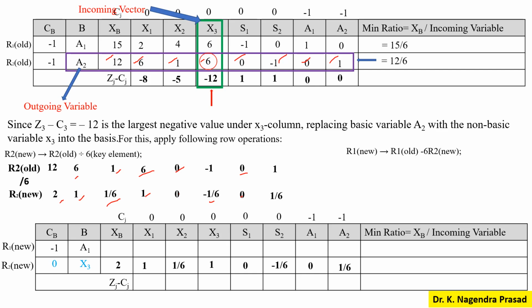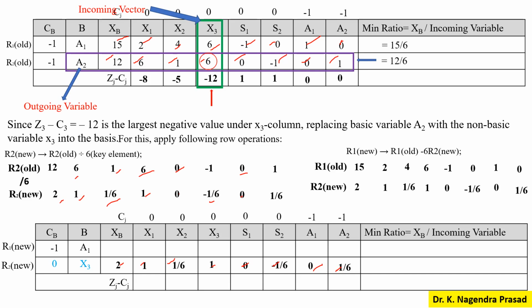Next we have to look for another row operation, that is R1 new equal to R1 old minus 6 R2 new. Here R1 old elements are 15, 2, 4, 6, minus 1, 0, 1, 0. And R2 new elements are 2, 1, 1 by 6, 1, 0, minus 1 by 6, 0 and 1 by 6.